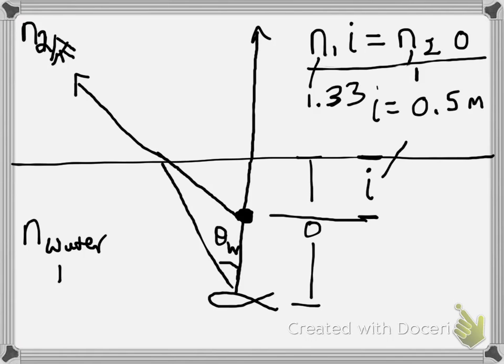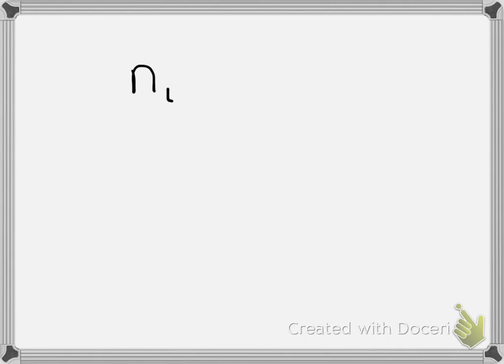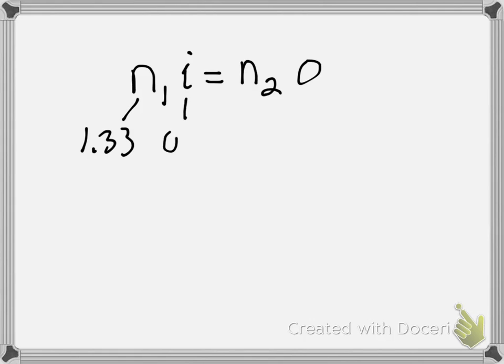And so let's find where our object is. So we have n1 i equals n2 o, where n1 is 1.33, i is 0.5, n2 is 1, and o is what we're looking for.